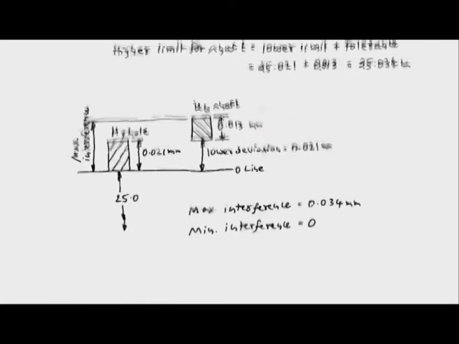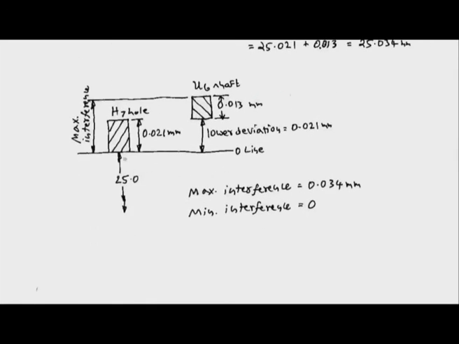Now all these values are indicated here. This is the basic size 25 millimeter, 0 line, and the H7 hole with the tolerance value of 0.021 millimeter, and the lower deviation for the U shaft is 0.021 millimeter, and the tolerance value for the U6 shaft is 0.013 millimeter.